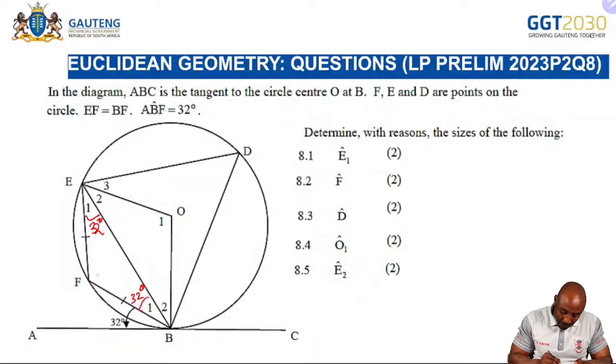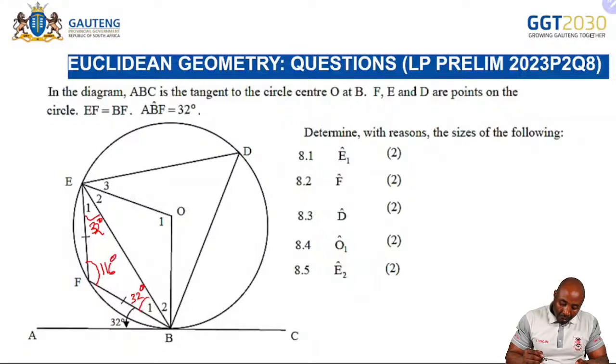I'm also able to use sum of angles in a triangle. I'm able to get my angle F, which will be 180 degrees minus 64 degrees, and that should give me 116 degrees. So I have angle F.